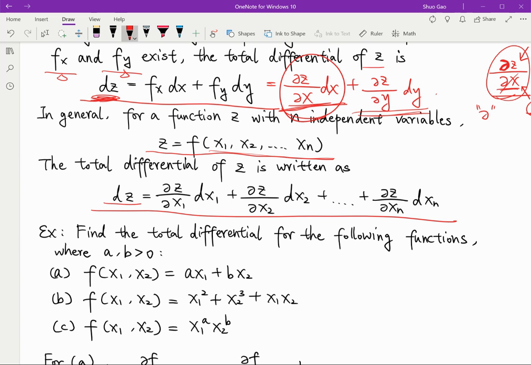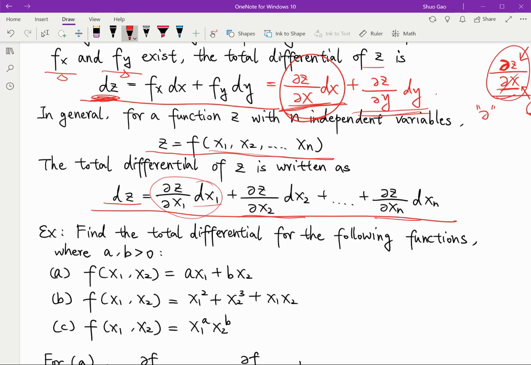So dz equals partial z over partial x1. This is the rate of change, or partial derivative, of z with respect to x1, then times the change of x1. So this term becomes the change of z given the change of x1. And this is the change of z given the change of x2.